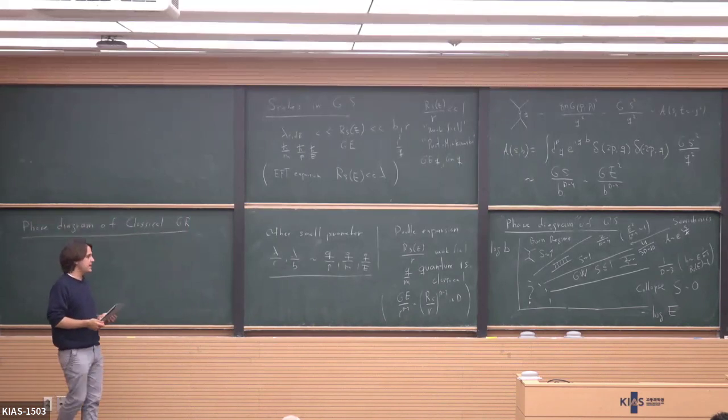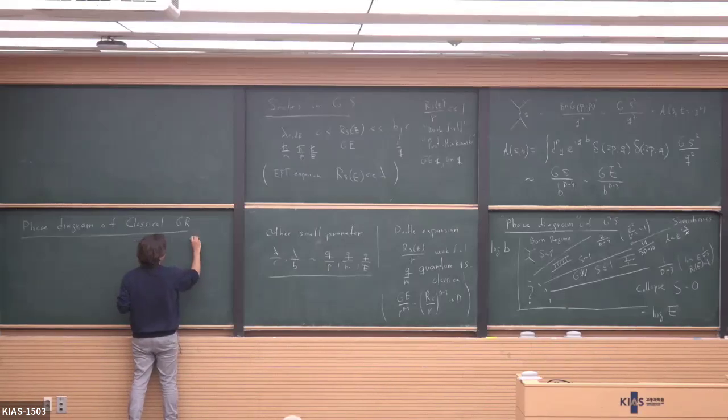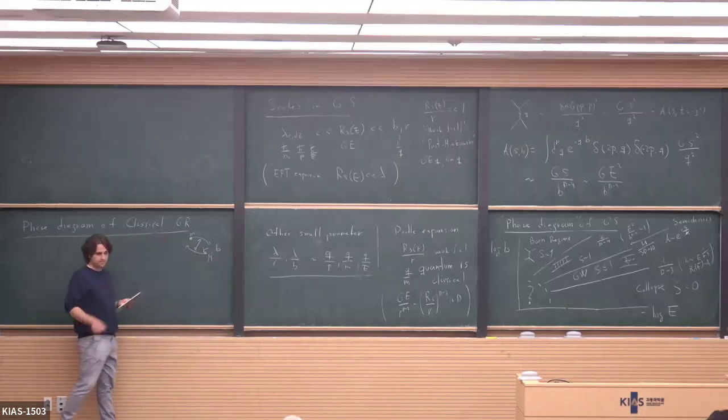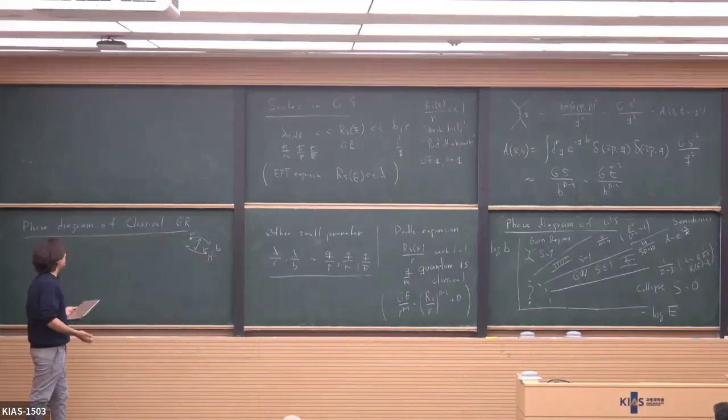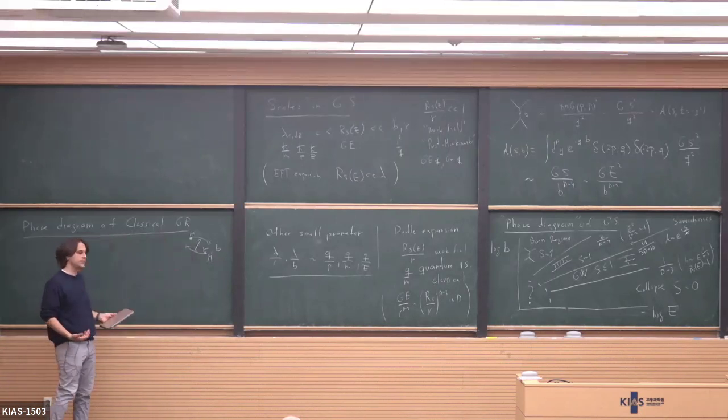Instead of this massless particle scattering, we're going to be a bit more concrete. We're really going to have in mind a pair of compact objects that have mass little m and big M. Again, they will be separated by some distance r, or some impact parameter b if they're scattering.